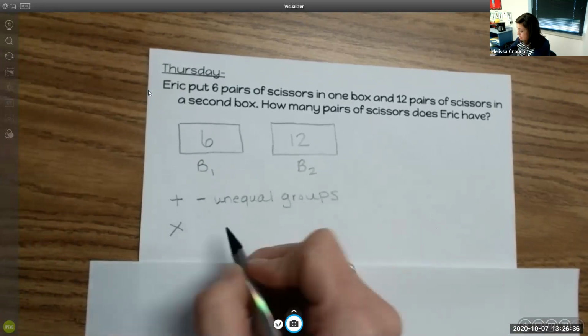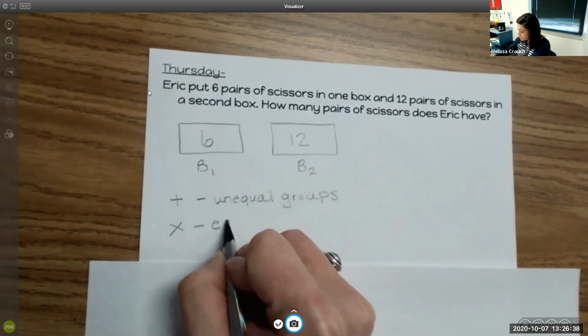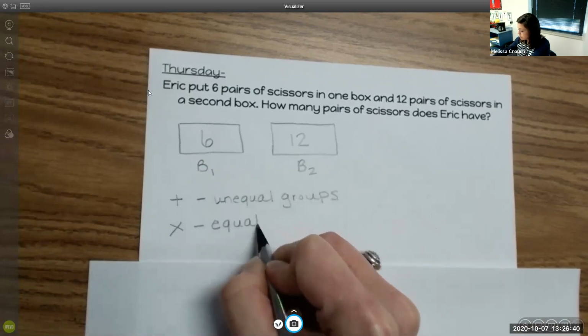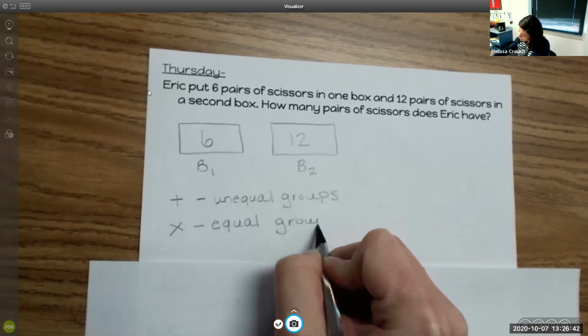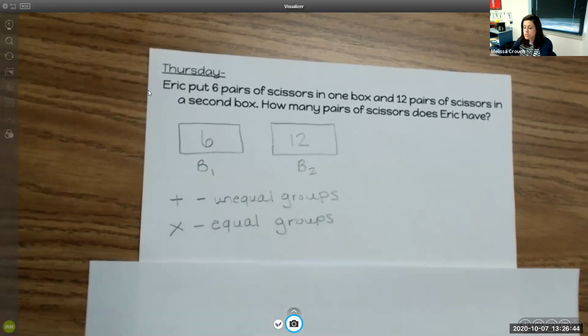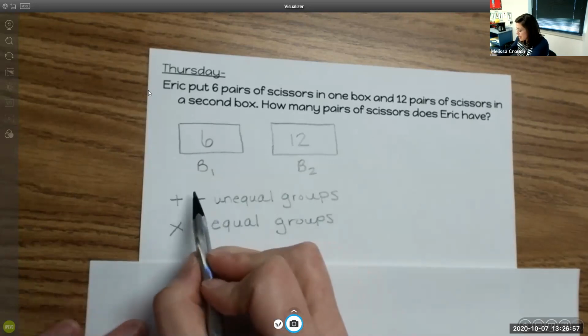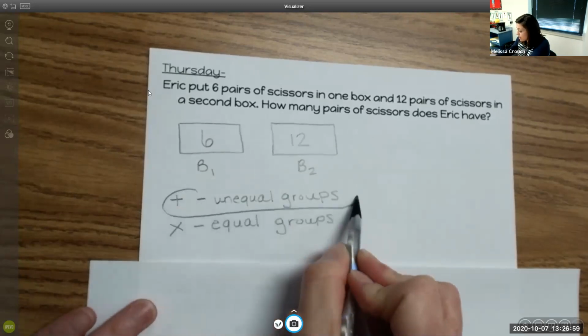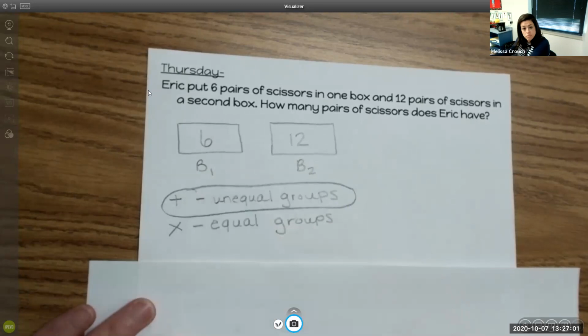In multiplication, you're joining equal groups. So what kind of groups do I have? Equal or unequal? I have unequal groups. I'm joining them, but they're unequal. So since they are unequal, I'm going to be adding them because they are unequal groups.